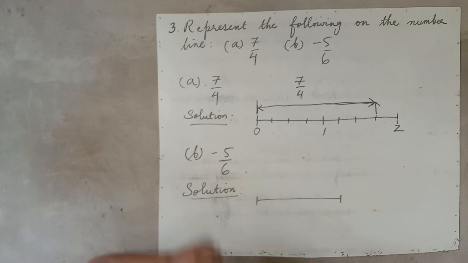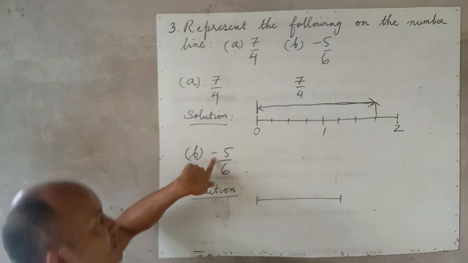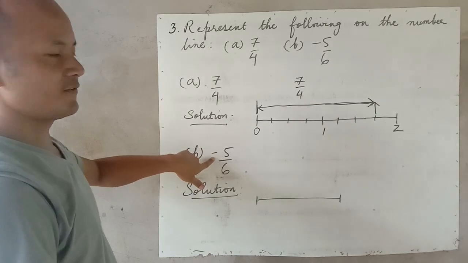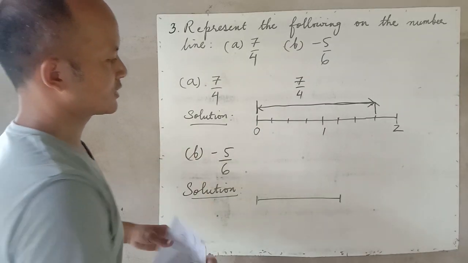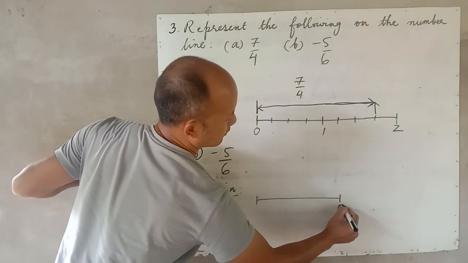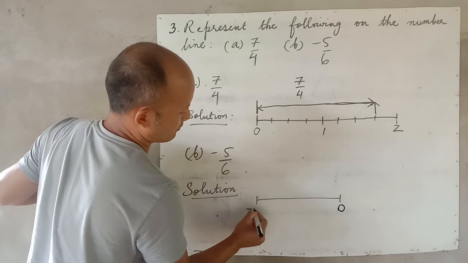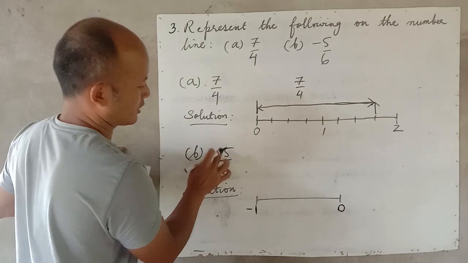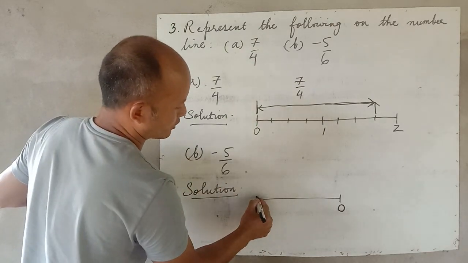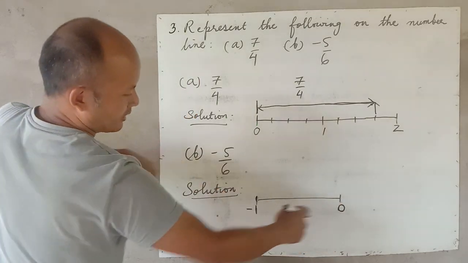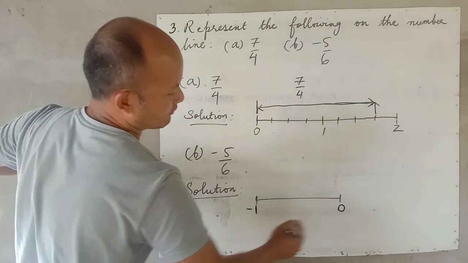But remember, if it is a negative value, you will start your numbering from 0 and minus 1. This is negative, so you will represent it on the left side of the 0.